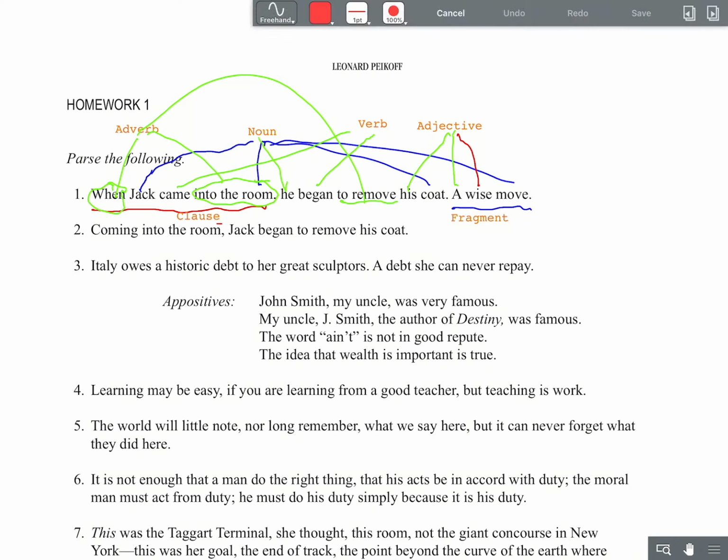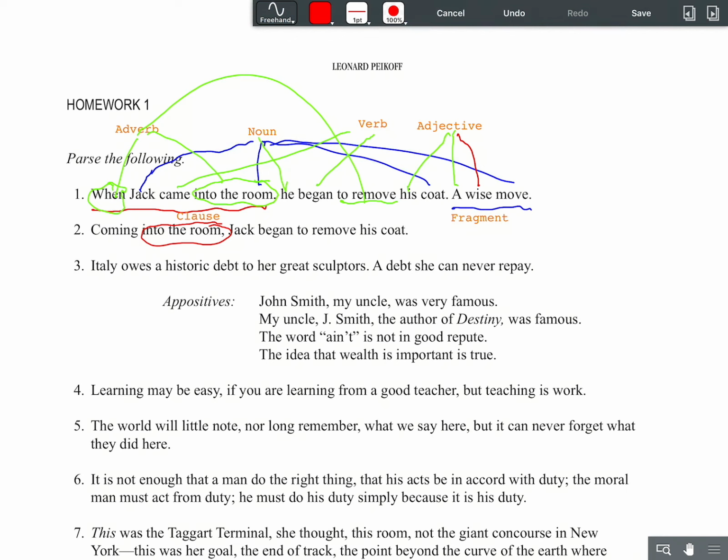So we have "into the room" again. It tells us about coming. Coming is a verbal. A verbal is a word that's based on a verb but not a verb. It's based on the verb come, but it's not playing the role of a verb, I think.